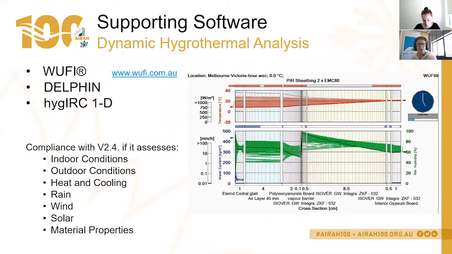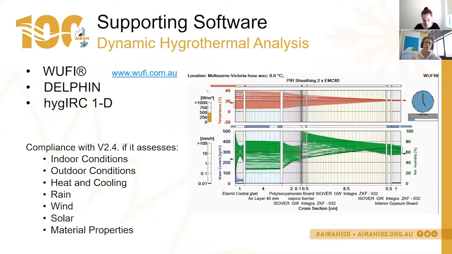Next. So this brings us to the supporting software. DA07 is essentially a guide on the criteria required to assess a hygrothermal simulation. There are various tools out there in the market or worldwide that can be used for hygrothermal simulation. WUFI you may have heard of, Delphin, Hygrothermal, IRC 1D, these are all different software packages.